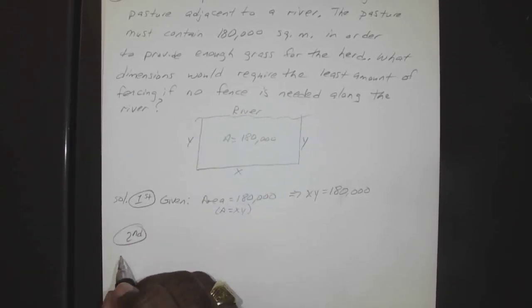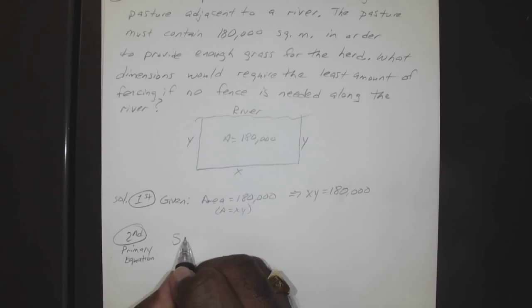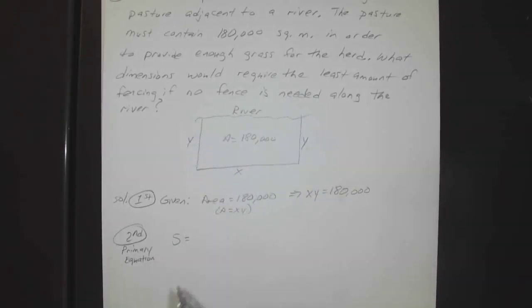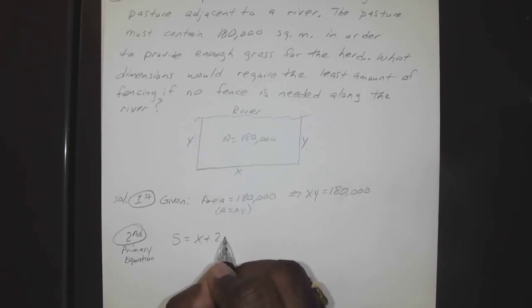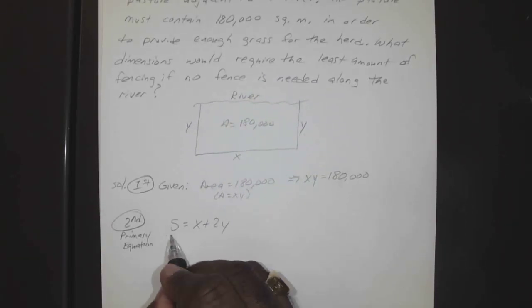So if we're looking for our primary equation, our surface area is equal to, say, X plus 2Y. And that's assuming S is the length of the fence.